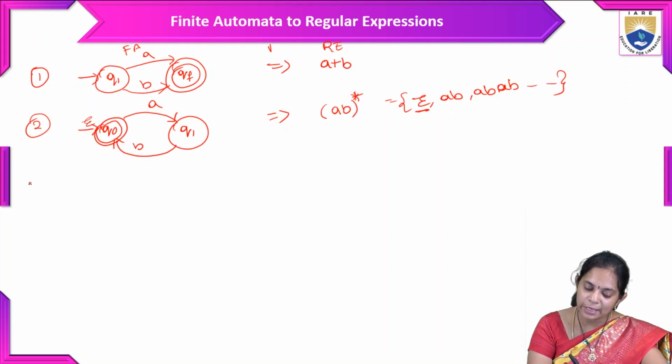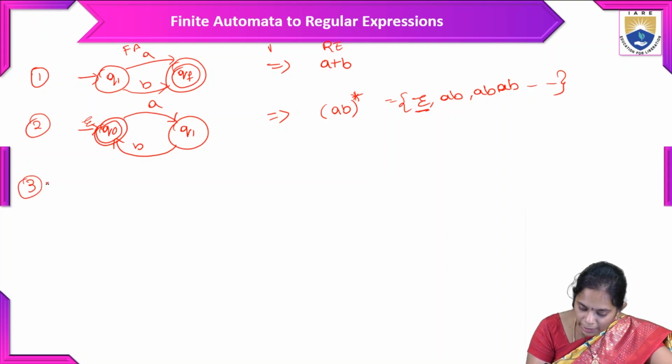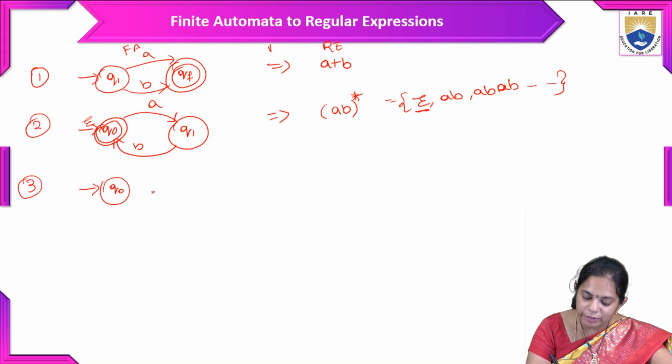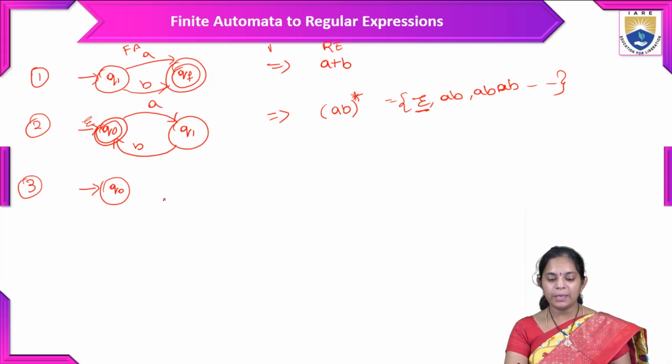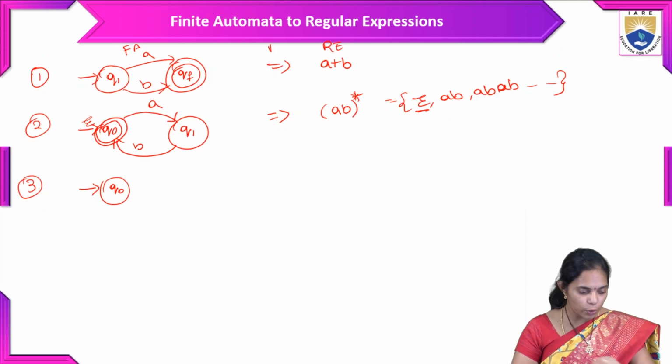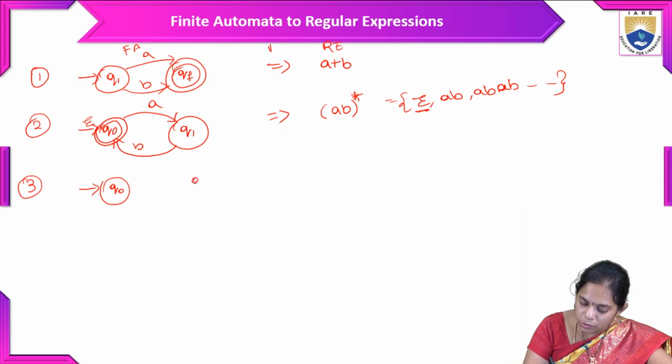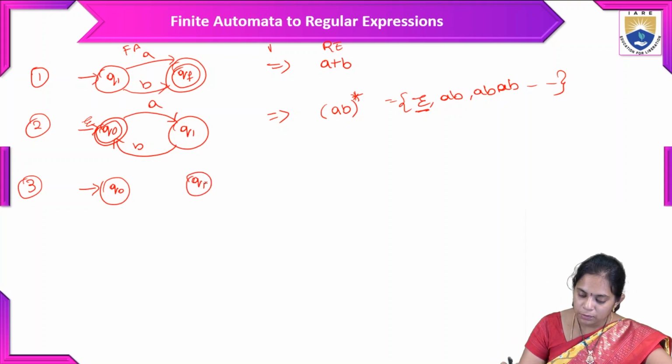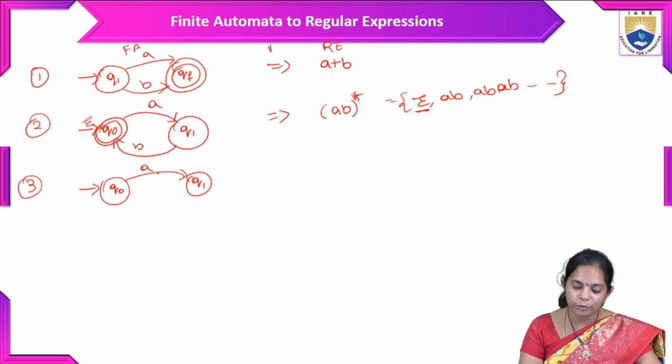This is the second example, and the third example we will take as A. Initially we have a q naught symbol, which is followed by B and A, so q1. At q1, A is the input symbol, and B we have to write as well.